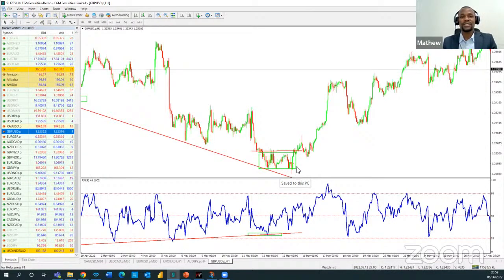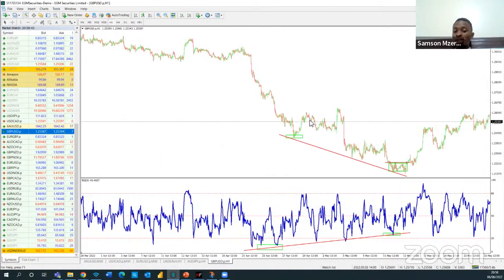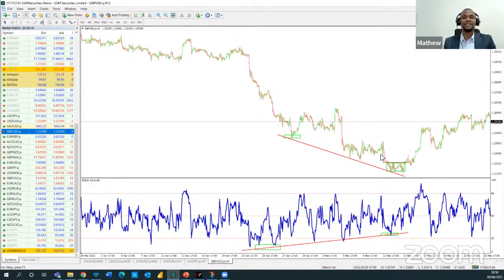That's what you would consider in this case to get an entry. If the price now breaks to the upside, then you'd want to consider that as a confirmation, because already you have gotten the divergence and you're looking for the move to the upside. Exactly. So in this case, the divergence is giving you your bias, or what you should be looking for, and then your market structure is giving you the when to enter. Sure, that's the thing.